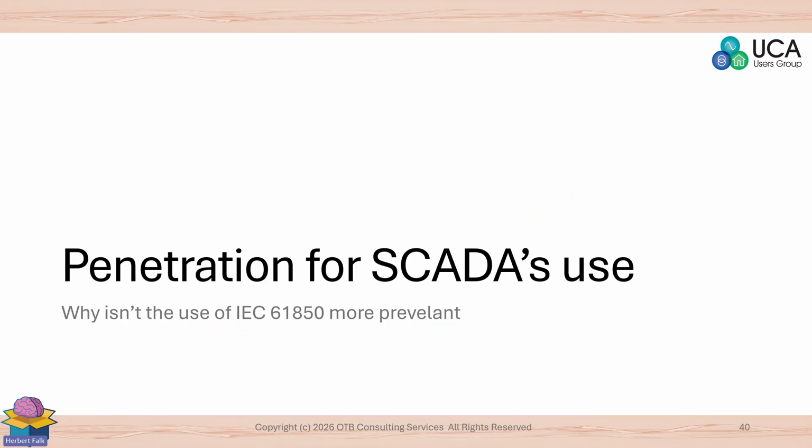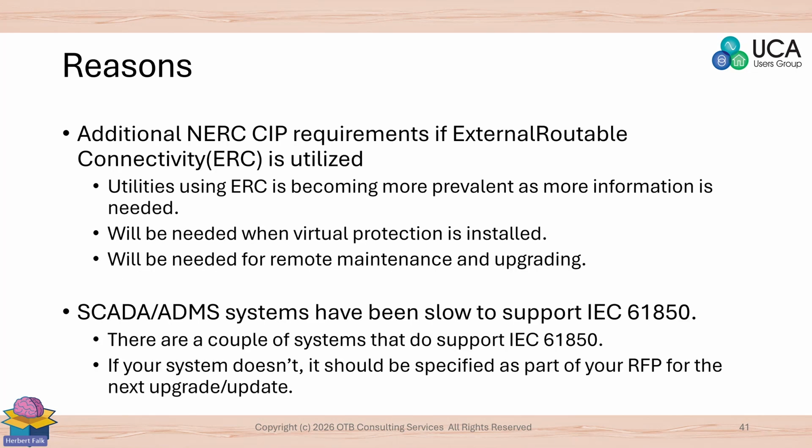So let's talk about the penetration and SCADA use. Why isn't the use of 61850 more prevalent? There are some additional requirements for NERC CIP if you use external routability. I personally believe external routability is coming, especially with virtual protection.